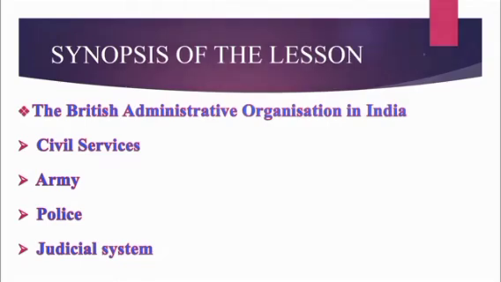Synopsis of the lesson. In this session, we are going to see the following topics. The first one is the British administrative organization in India. Under this, we have civil services, army, police and judicial system.